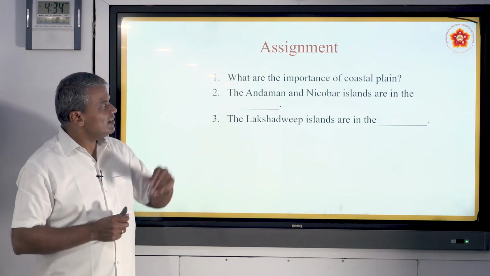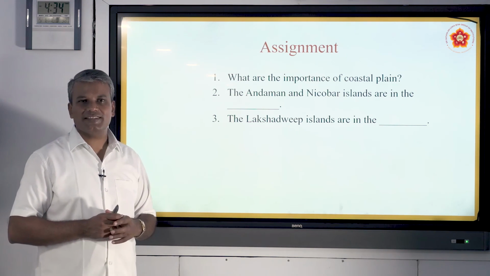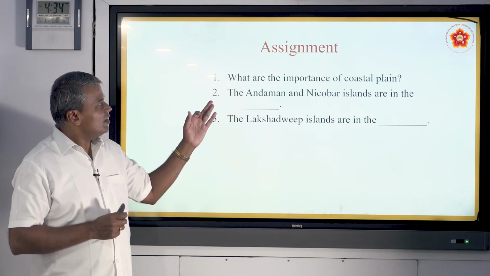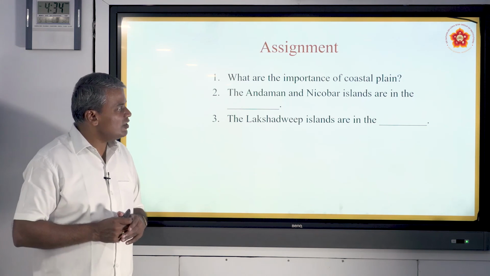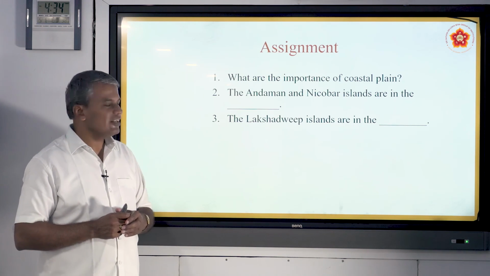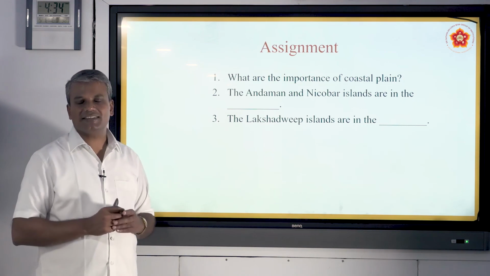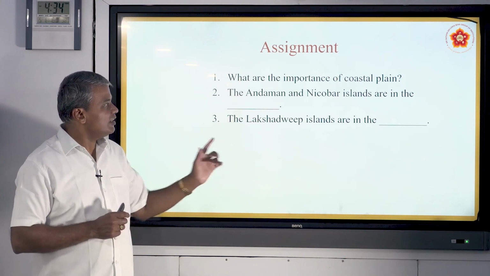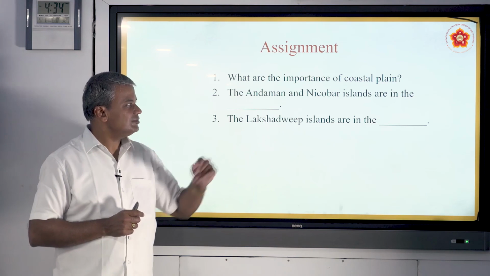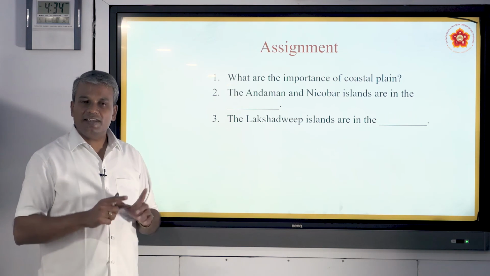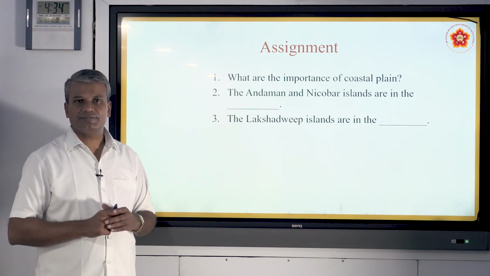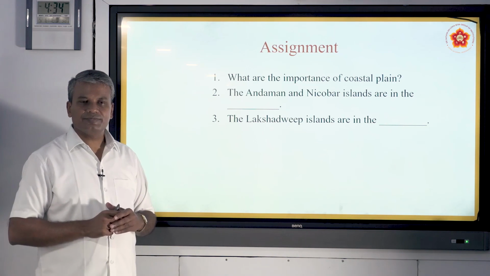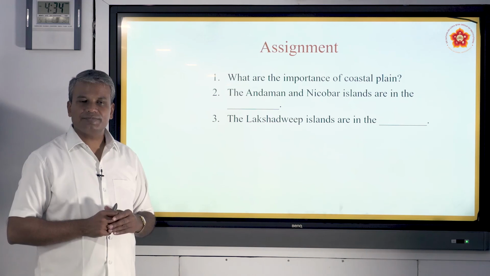What is the importance of coastal plains? Second, the Andaman and Nicobar Islands are in dash, meaning where are they located, and the Lakshadweep Islands are in dash. These are the questions. Think well and answer.